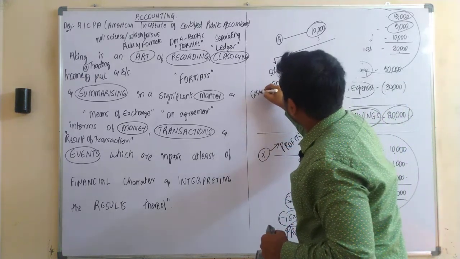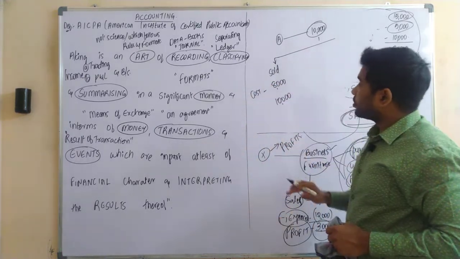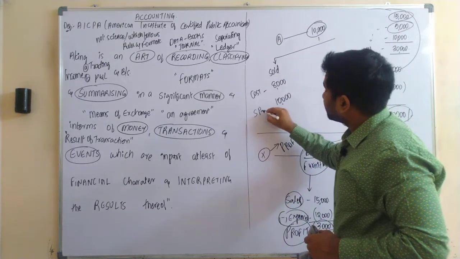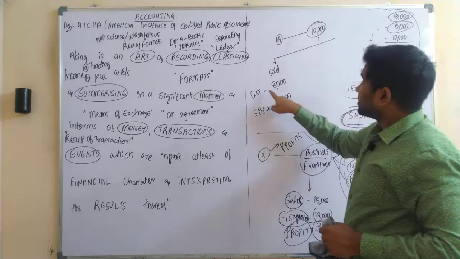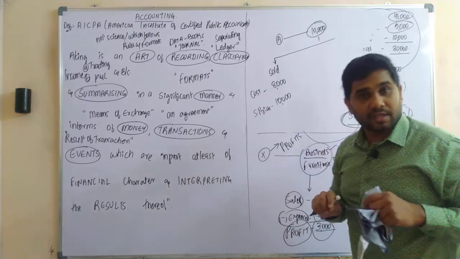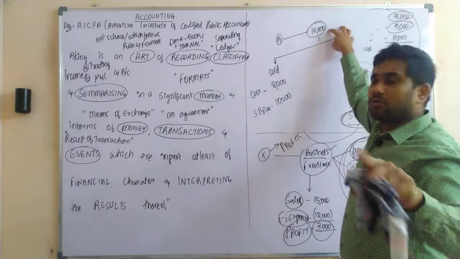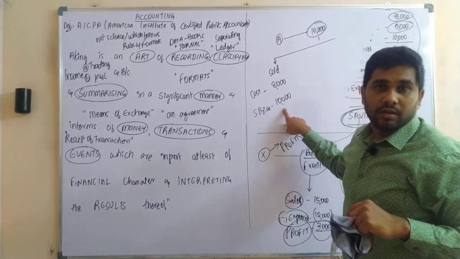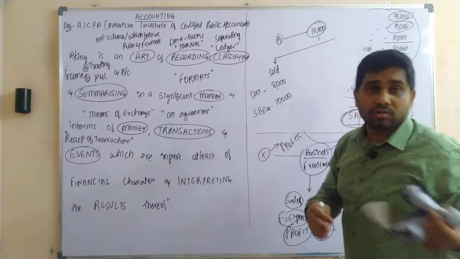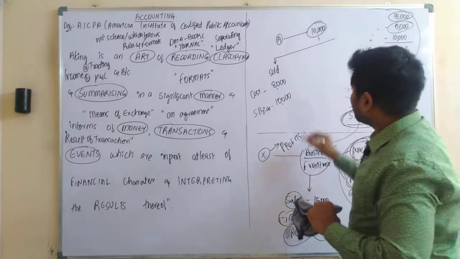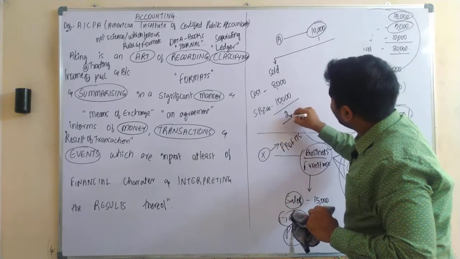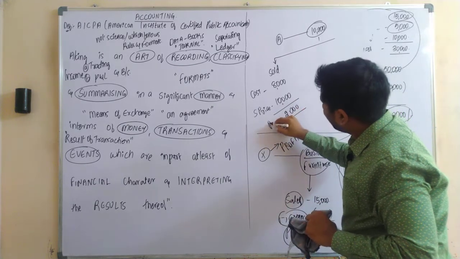So he sold 8,000 worth of goods for how much? 10,000 rupees. This is your cost and this is your selling price. Yes or no? So out of 10,000 he sold only 8,000 worth of goods for 10,000, so you have 2,000 profit. Leave it aside. Let's assume that the 2,000 we are selling above cost is nothing but your profit.